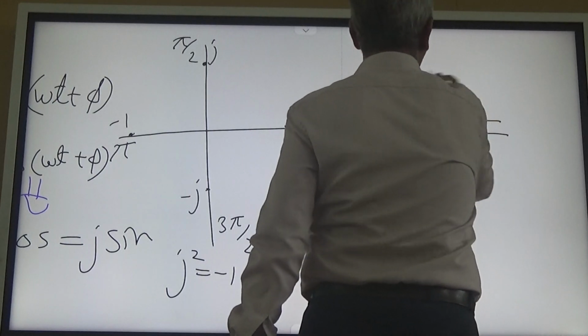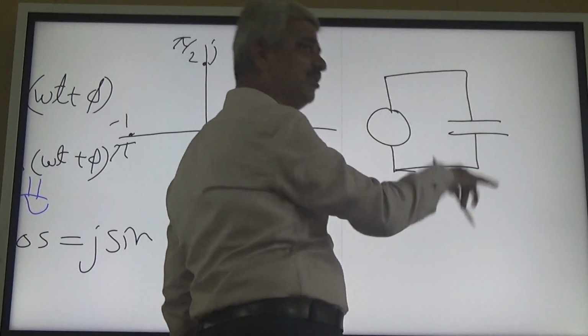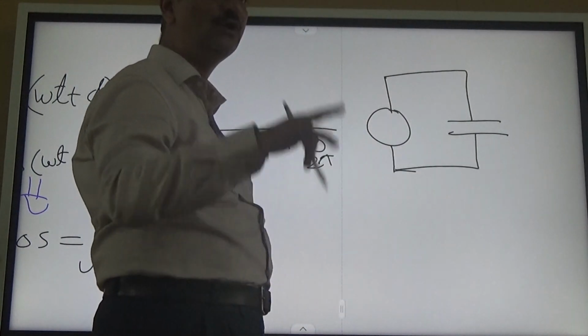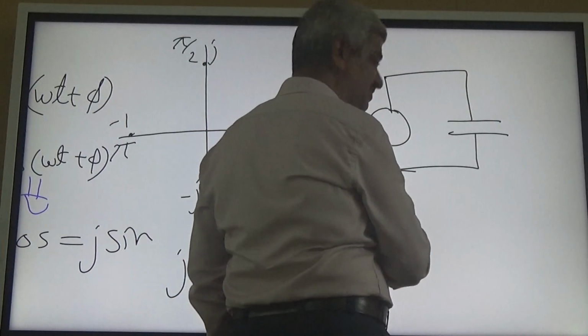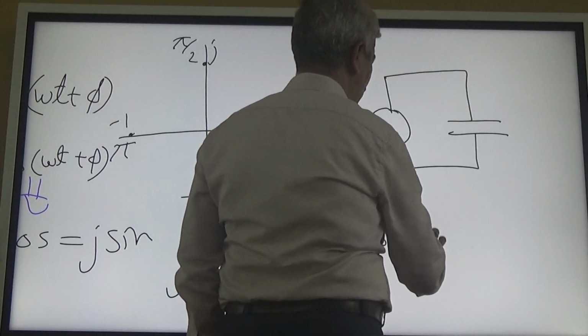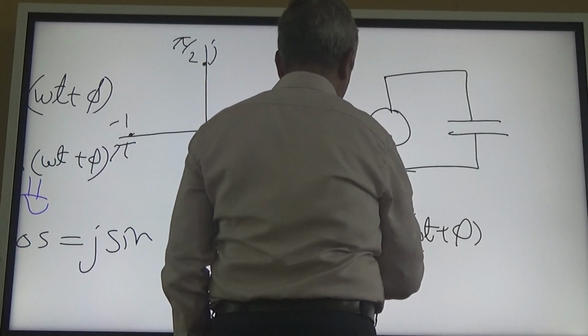So with this now, this is the capacitor. Now if I am applying a voltage to the capacitor which is sinusoid, then what would be the current? If voltage is sinusoid, a sinusoid is what? A sine omega t plus phi is the voltage VC(t). What is IC(t)?